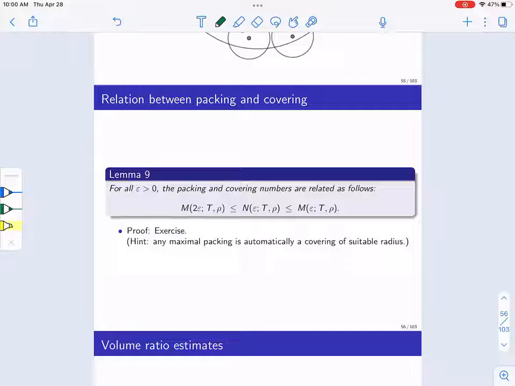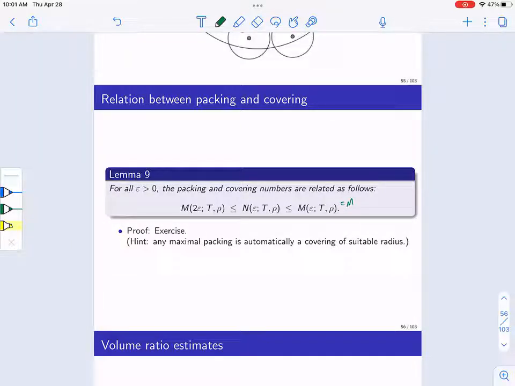So this is saying, if this is a maximal packing, if the maximal packing is m, so I've packed the set with m points, and I cannot add one more point that's epsilon separated, then the hint is this: that maximal packing should be a covering of a suitable radius.